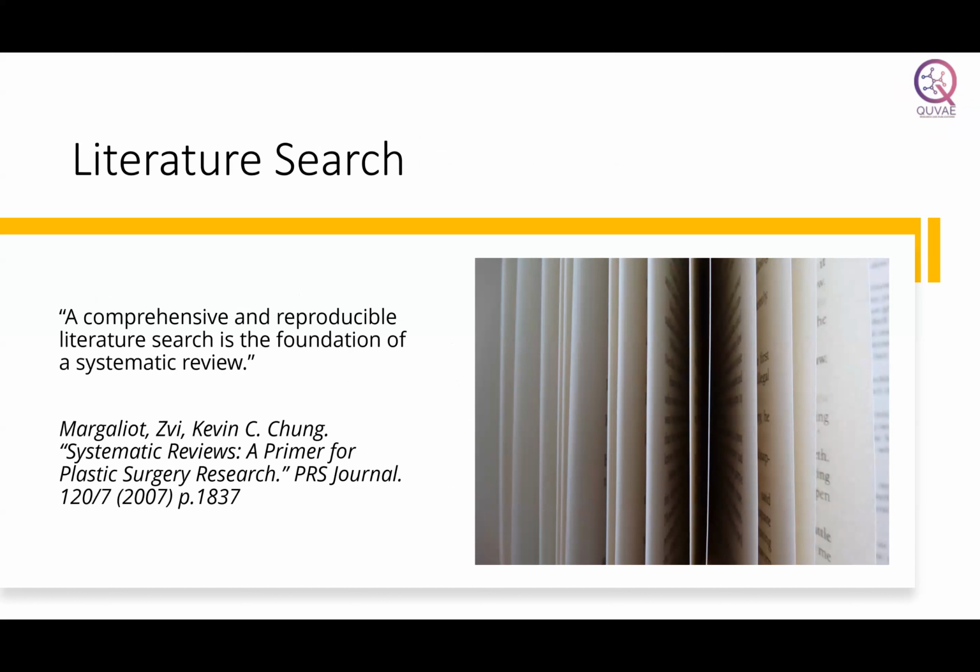If you imagine building a house without a solid foundation, it simply wouldn't stand, right? So in the world of systematic review, this comprehensive and reproducible literature search will serve as a foundation for your research.